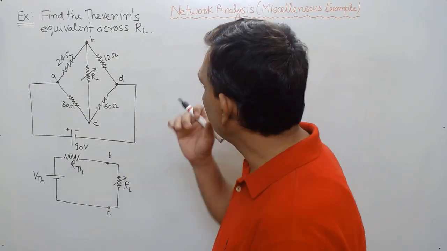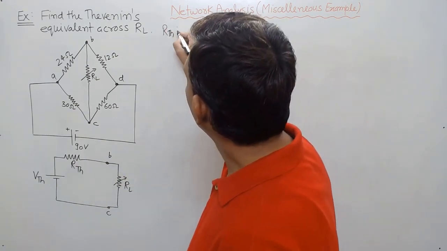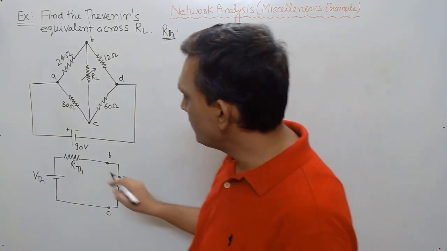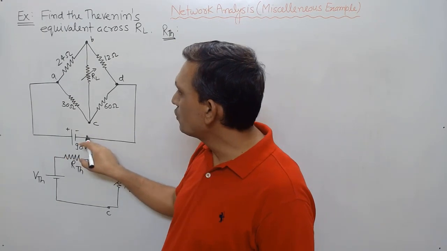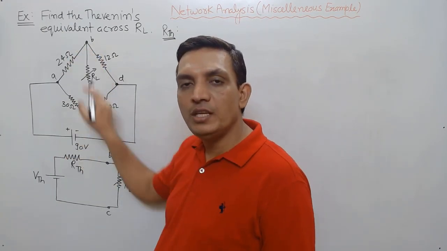So we have to find VTH and RTH. So let us first see what will be RTH. So RTH is the short circuit resistance. So you have to short the voltage source and measure the equivalent resistance across BC.